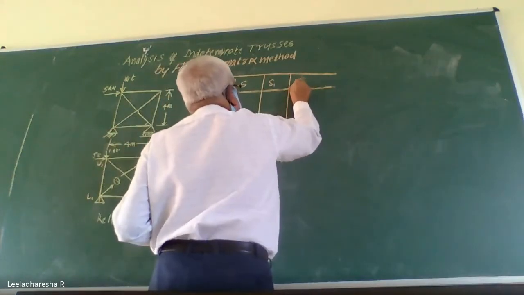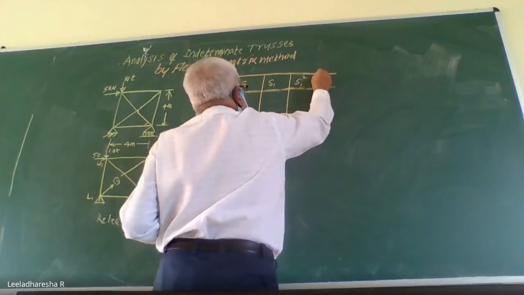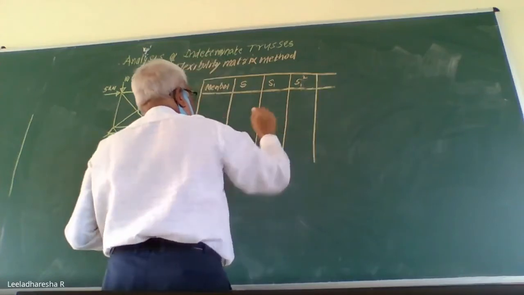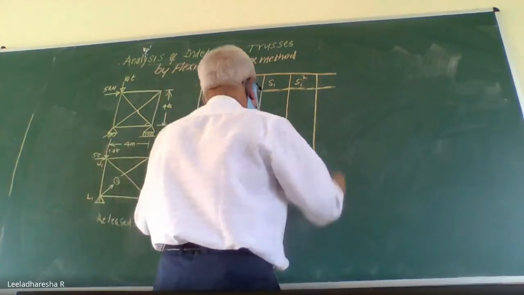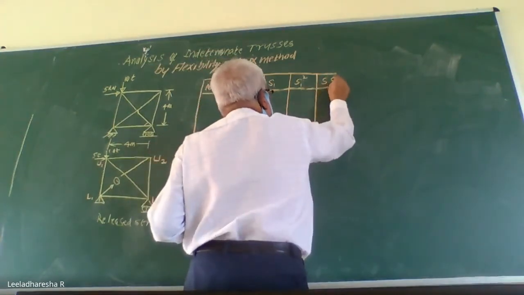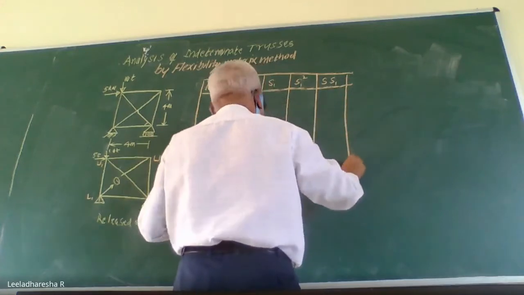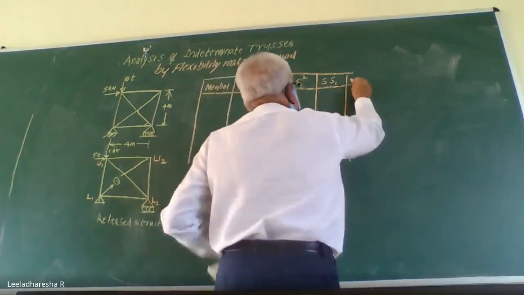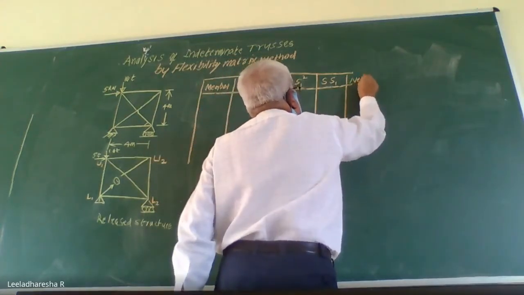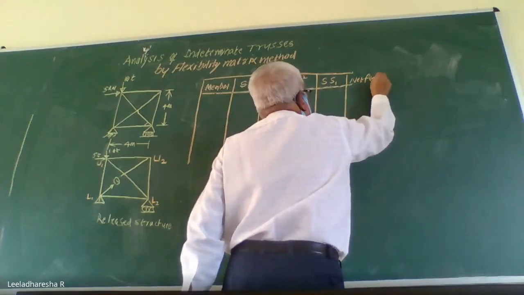Then S1 square is required, so you can square the value of S1. Then S into S1 is also required, so have one more column. Then one more column for net force.